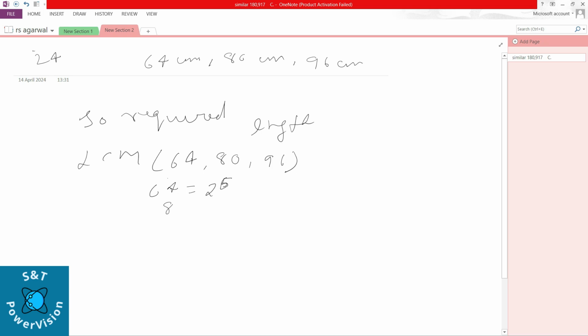After that 80 is equal to 2 to the power 4 into 5. 96 is equal to 2 to the power 5 into 3. So LCM is equal to, we will take the highest powers, 2 to the power 6 into 5 into 3.